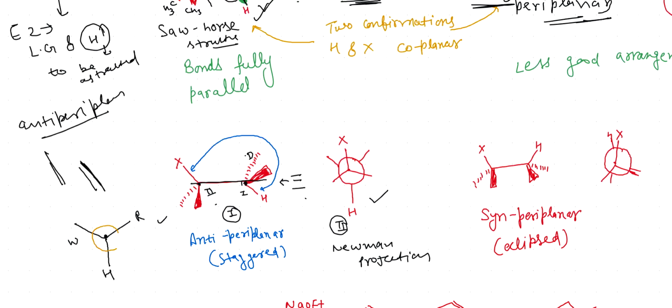This second carbon is behind the first carbon. If you are seeing from this side, you can't see this carbon, so I am presenting here a circle. This represents the second carbon. And on the second carbon, this solid line bond is present above the horizontal line. Then the X will be here.